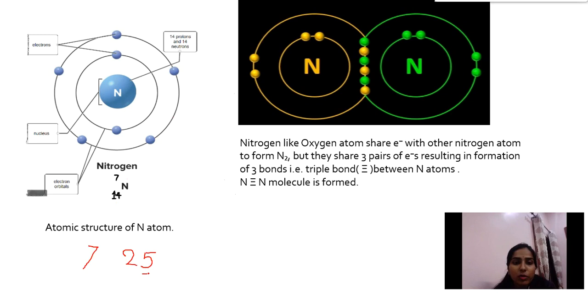So the number of valence electrons is 5, and these 5 valence electrons are going to participate in the covalent bond formation with another element. So you can see how these two nitrogen atoms are sharing electron pairs between them and thus forming a compound, that is the N2 molecule.